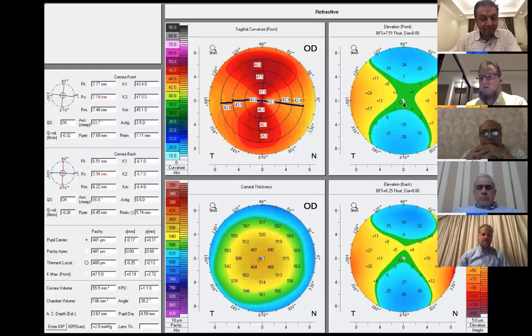The values corresponding to the thinnest location are within normal limits. The concentric, very normal pattern of the corneal thickness map. However, the thinnest location is 480, as you see. So we have an almost thin, steep cornea, but the K readings are still within normal limits.